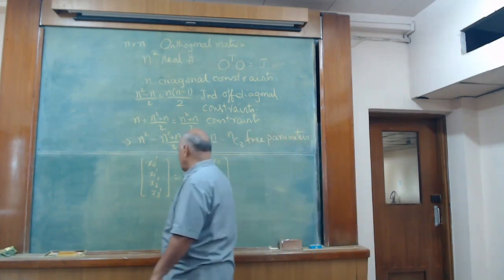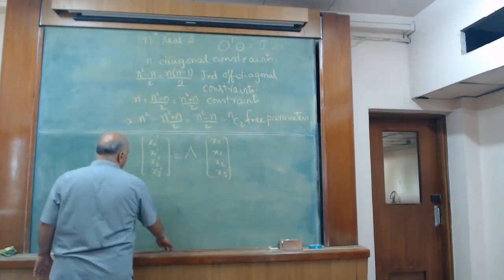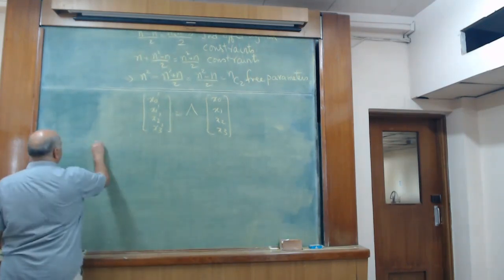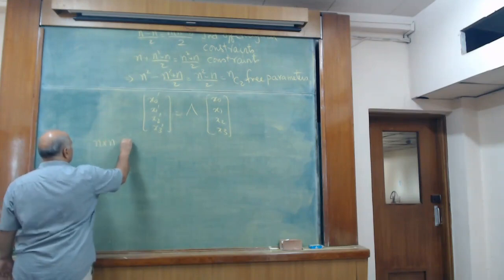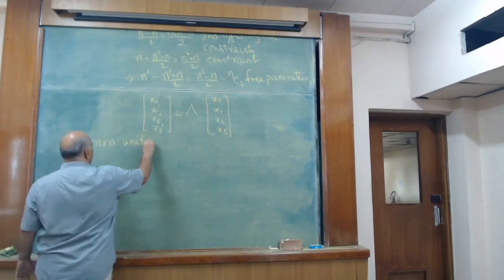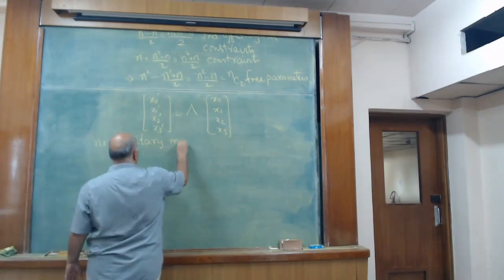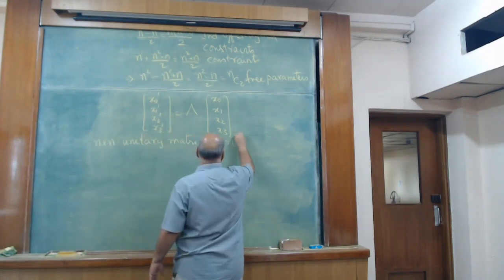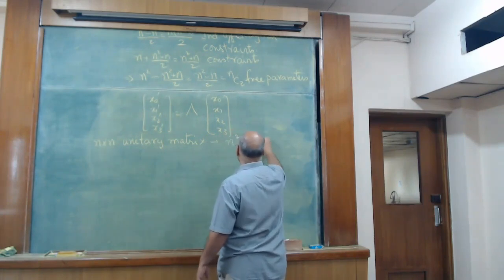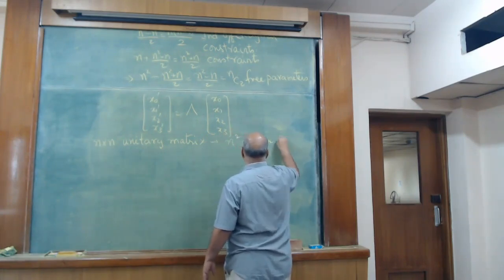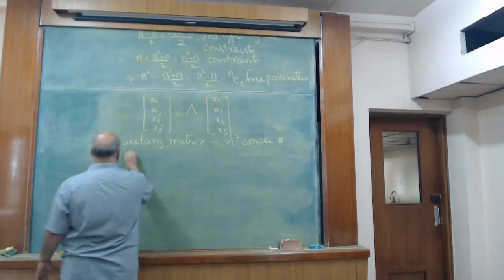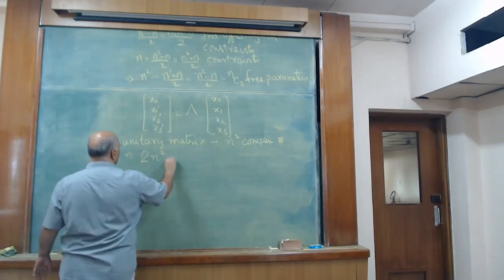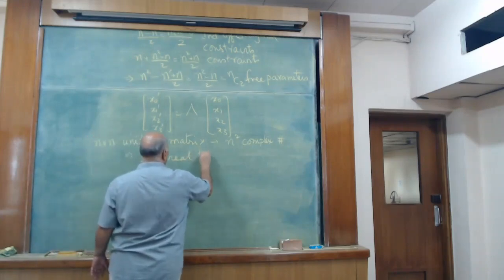Now let us look at an n by n unitary matrix. This has n square complex numbers, which implies 2n square real numbers.